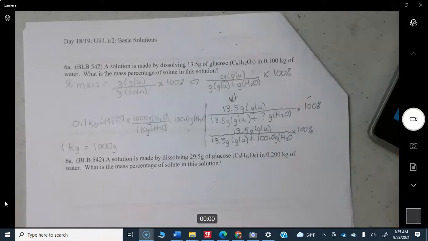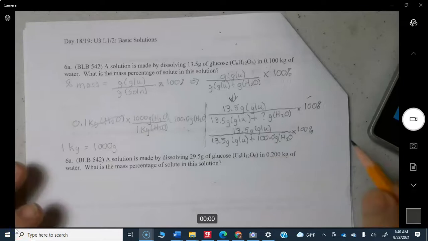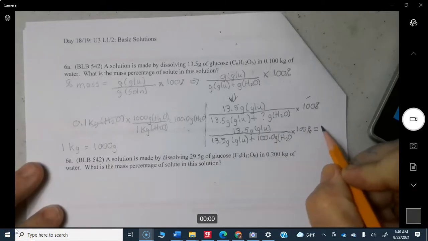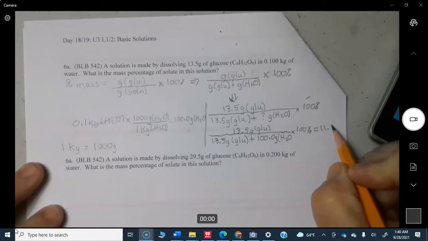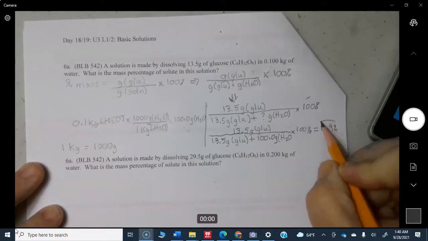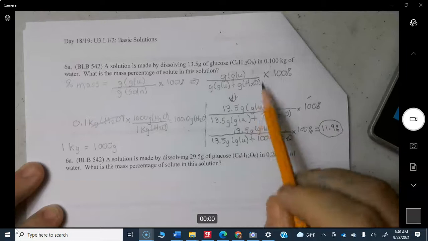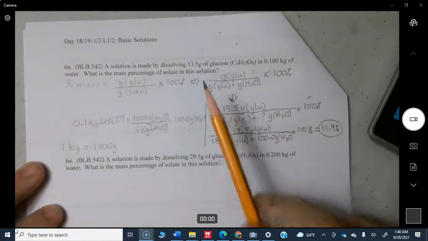Okay, there it is. So you're going to add 13.5 divided by 13.5 plus 100, and then multiply that by 100%. Okay, and that gives us an answer of 11.9%. So by mass, by weight, 11.9% of this solution is glucose.